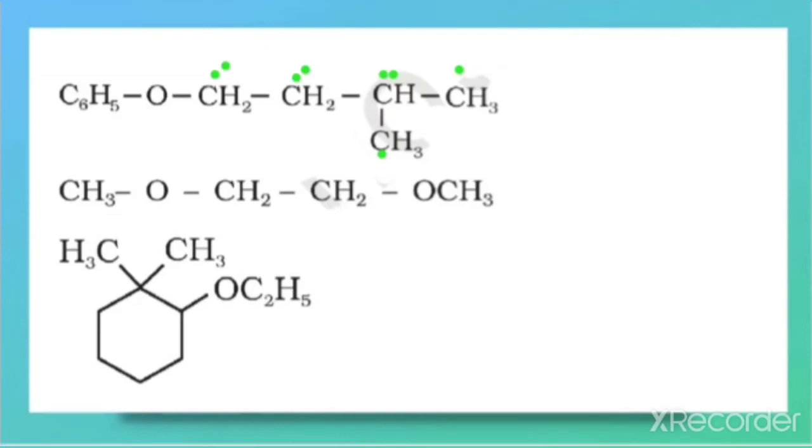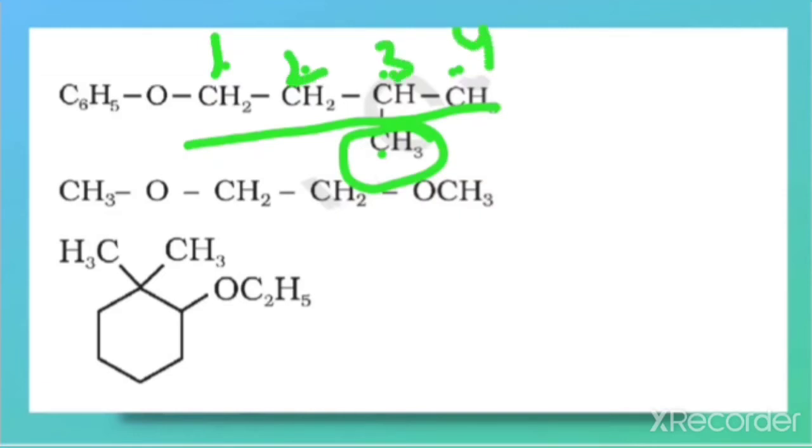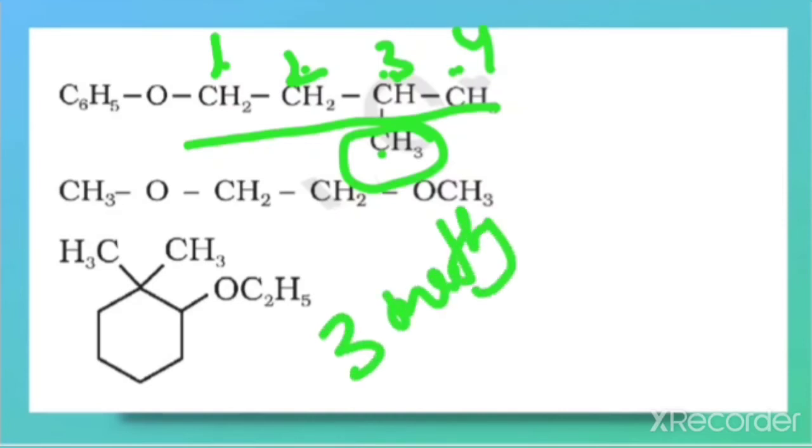1, 2, 3, 4. This is 4 carbon and there is one branching at one of the carbons. So this is numbered as 1, 2, 3, 4. There is a branching at the third carbon, that is a methyl group. So how do we name this one? This is named as 3-methyl and 1, 2, 3, 4 carbon, that means but, and but with one oxygen, therefore butoxy.